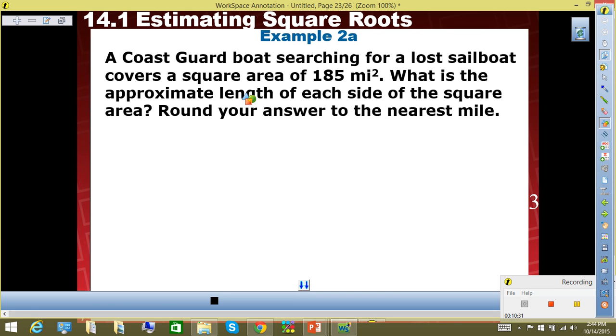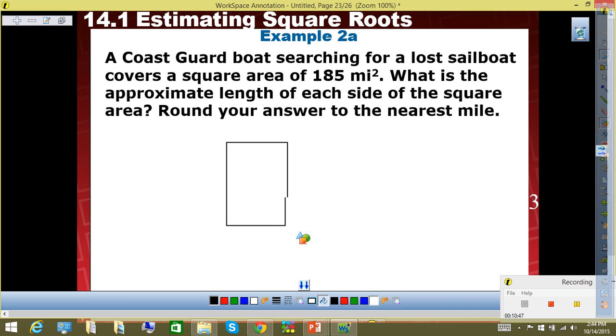What's it saying? Coast Guard boat searches for a lost sailboat, covers a square area of 185 square miles. What figure are we looking at? Square. So draw yourself a square. There it is.